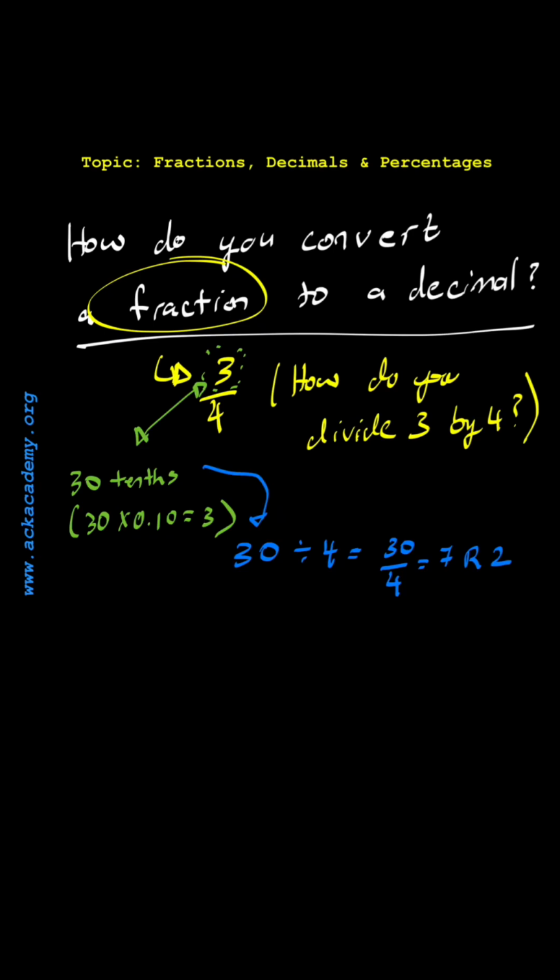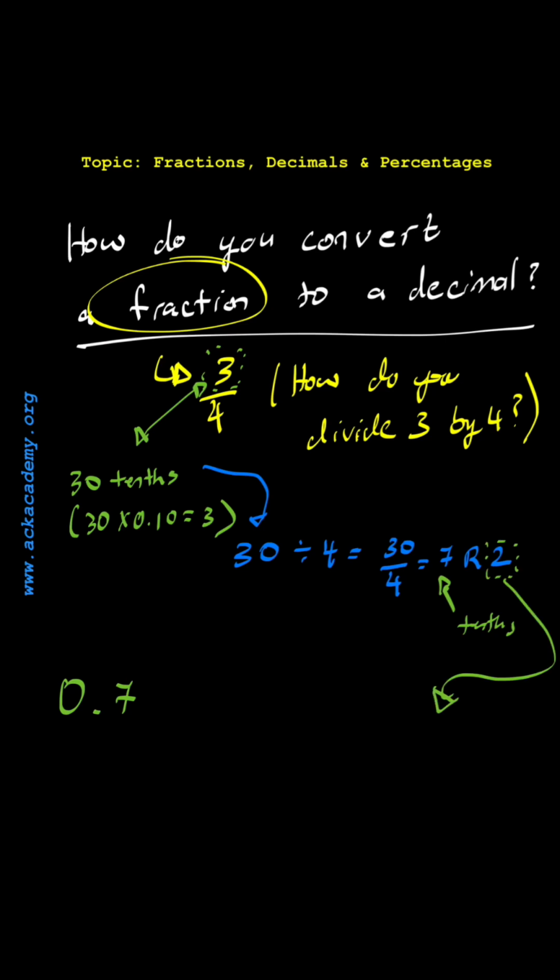So now this 7 will go in the tenths position. So we can write 0.7. So we already have the first value, the 7 in the tenths position. And now let's take this remainder and work with that.